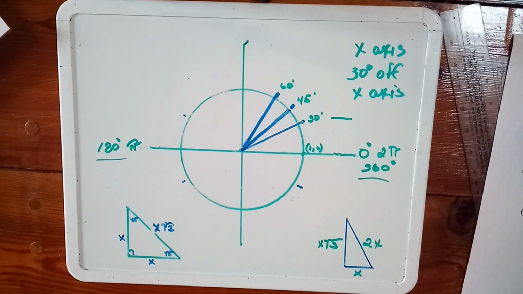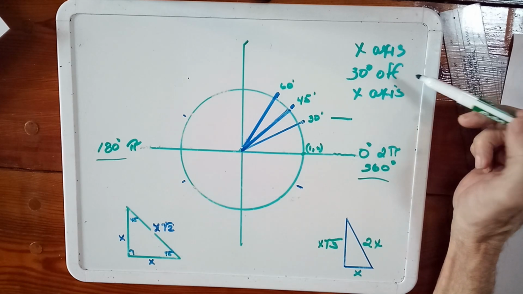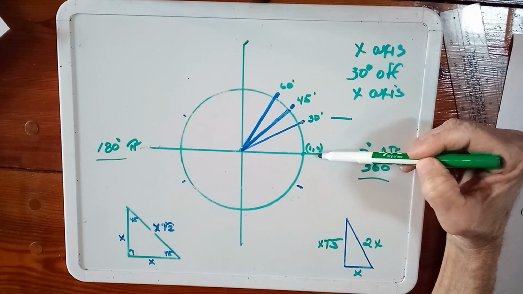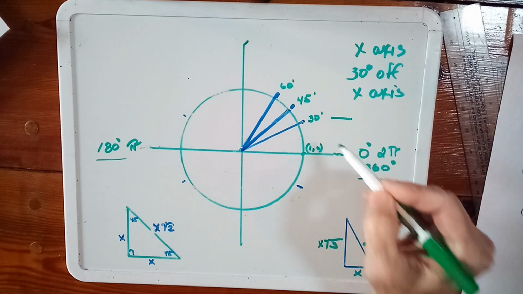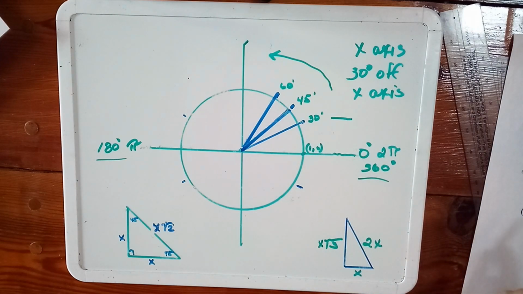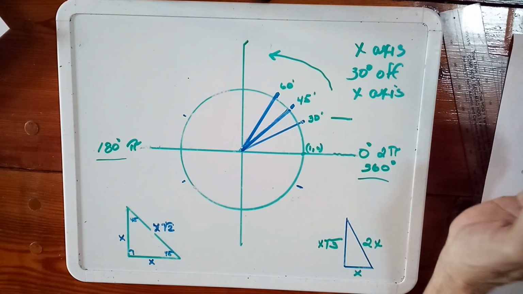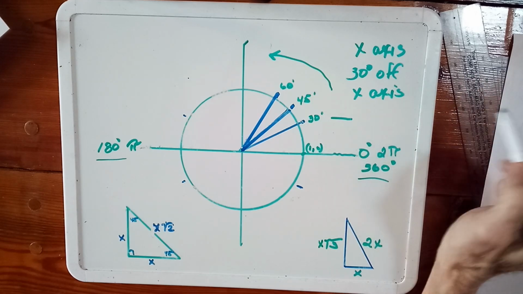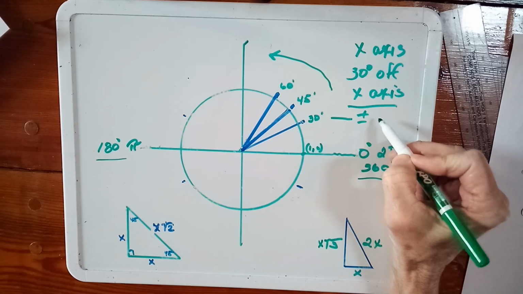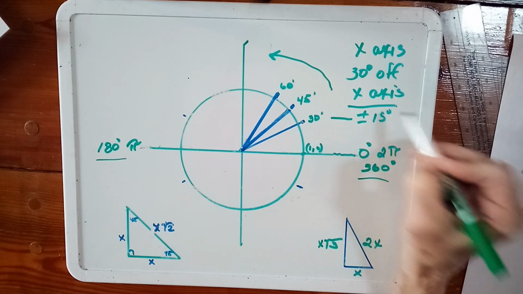All of them. They're just going to have different measurements, obviously, because they're in different portions of the circle. So if I can remember this, my first measurement is going to be 30 degrees off the x-axis. And by the way, we are always going counterclockwise in the unit circle. And then, after remembering 30 degrees, I'm going to keep either adding or subtracting 15 degrees to that.